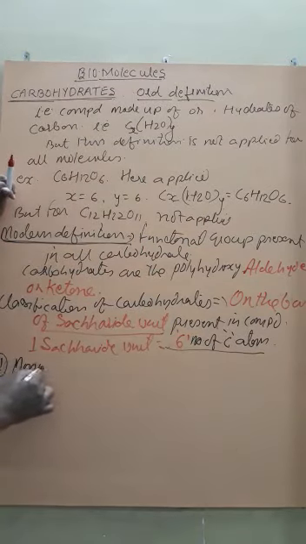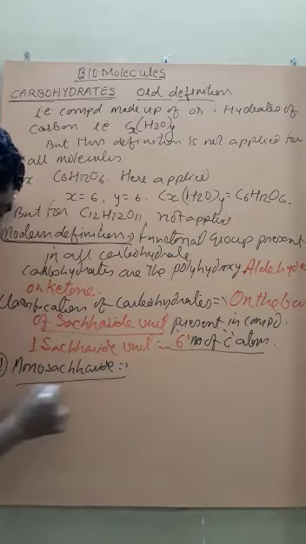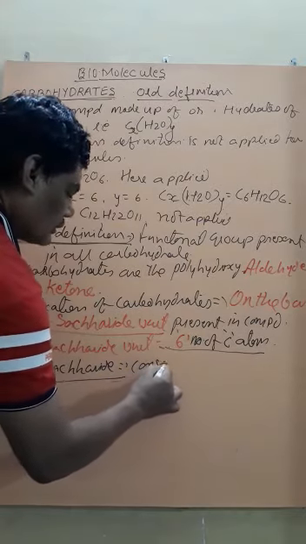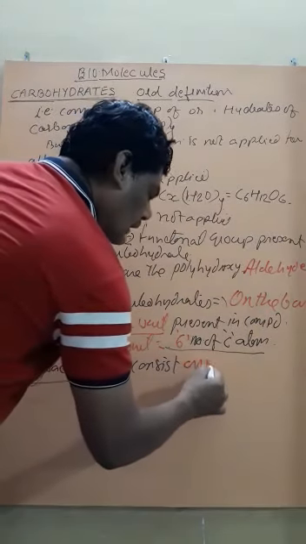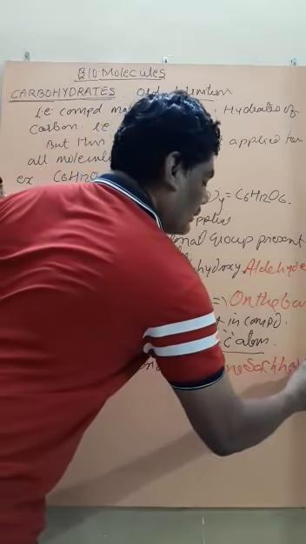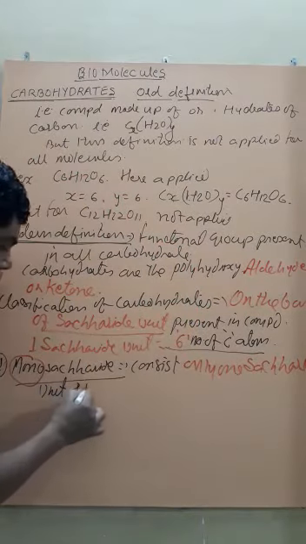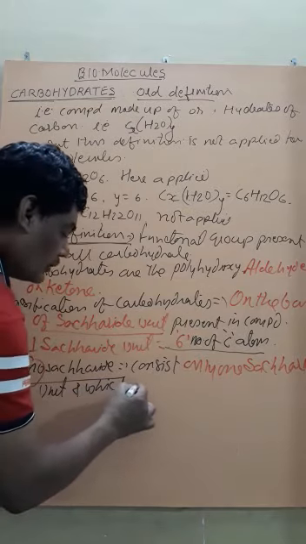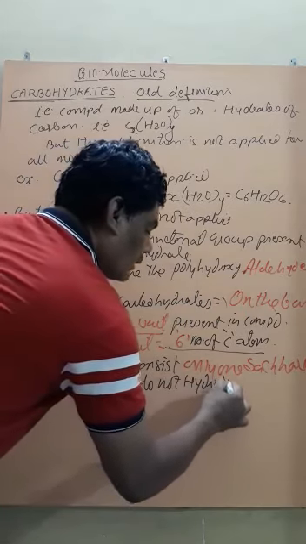First one, monosaccharide. What is the meaning of mono? Mono means one. So it consists of only one saccharide unit and does not hydrolyze. This is called a monosaccharide.